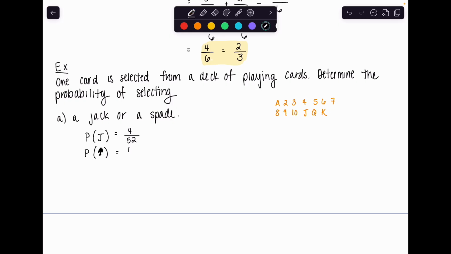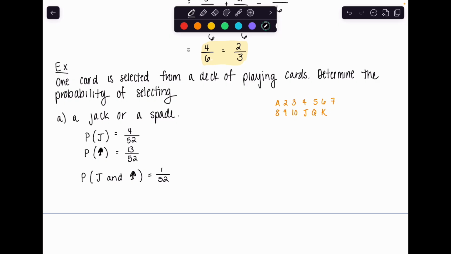So there are 13 out of 52 cards that are spades. However, the problem is if I just add these two together, you've counted the jack of spades in both of these. So if I look at the probability of getting a jack and a spade, so fitting both criteria, there is 1 card out of 52 that has both characteristics.